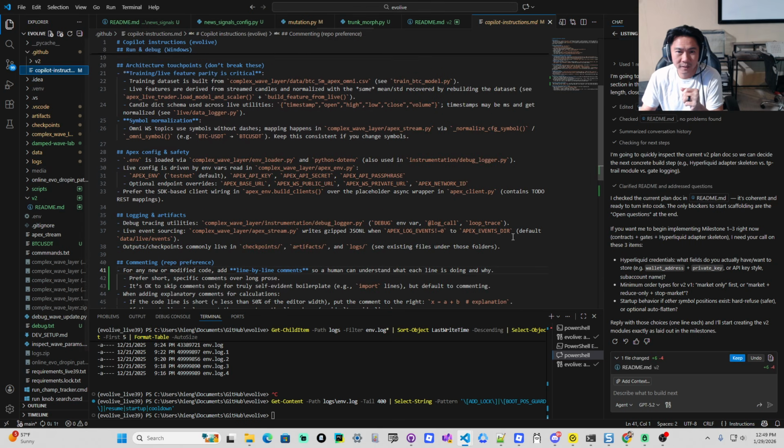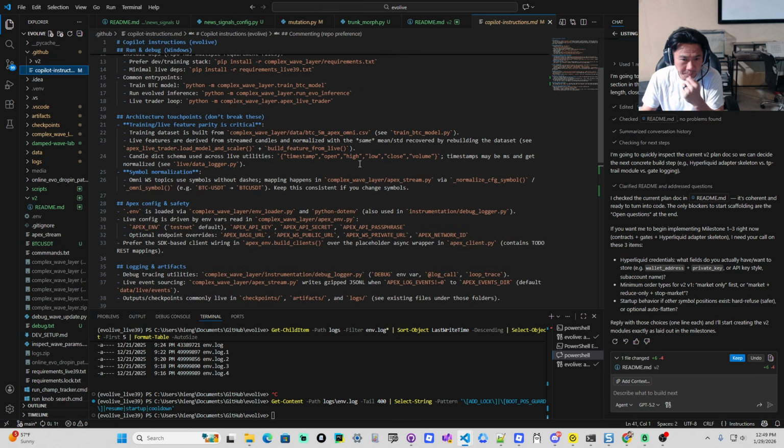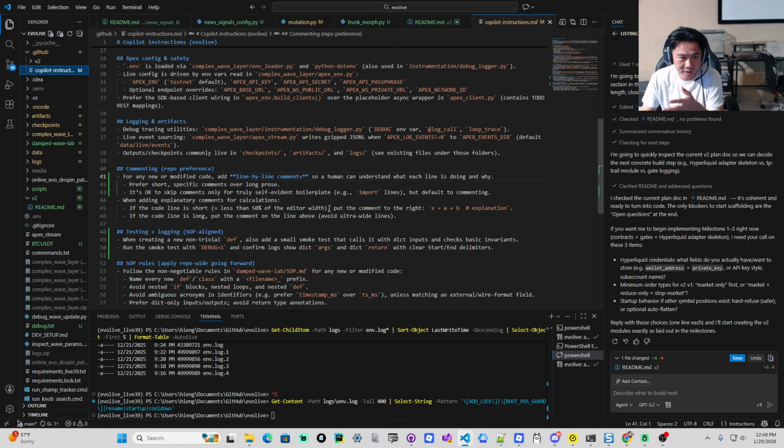Let's look at the copilot instructions I have here. I guess this is the big stuff. I tell it that I want it to use certain environments and certain configuration files. I want it to log all my artifacts. I want things to be done in dictionaries, so that you pass things in dictionaries and return in dictionaries.